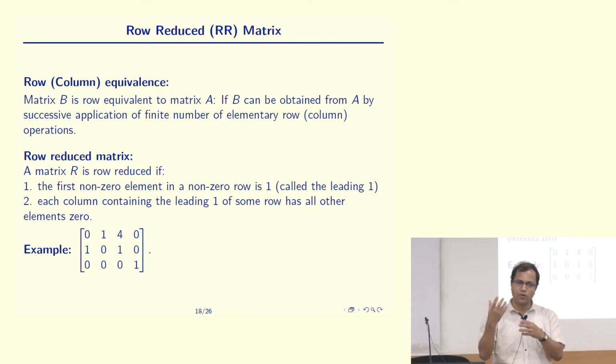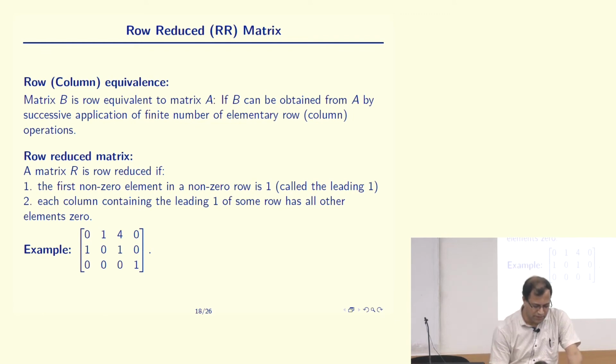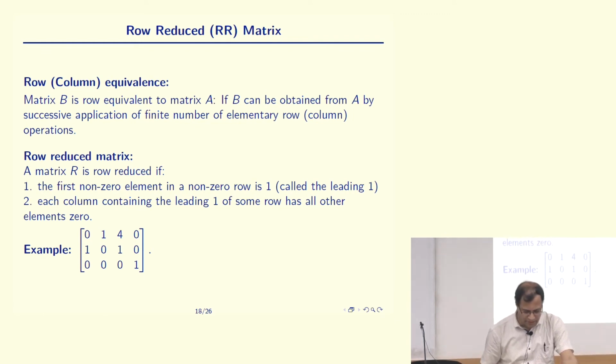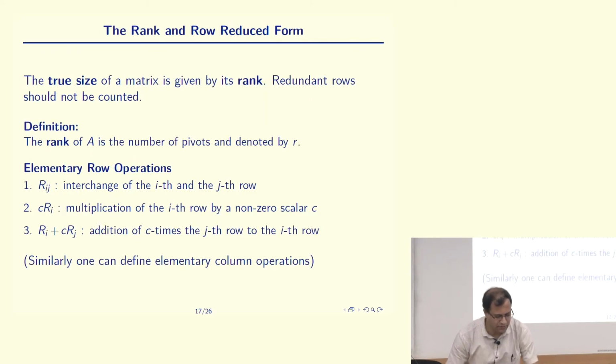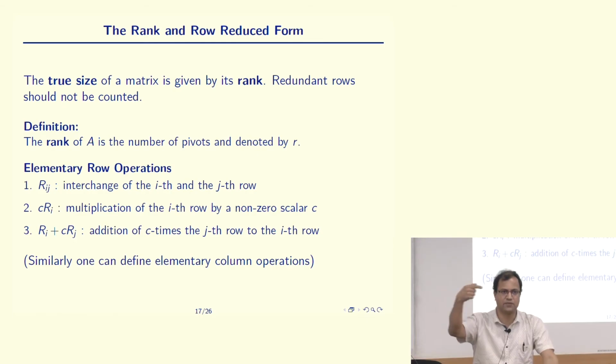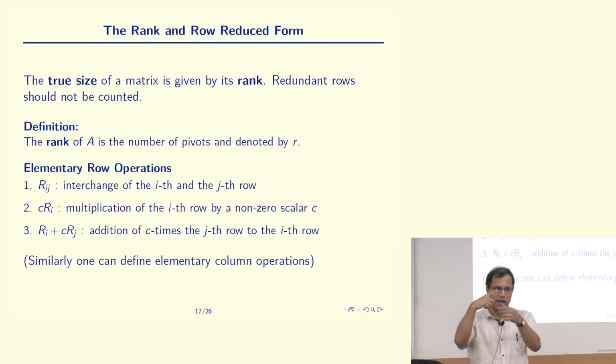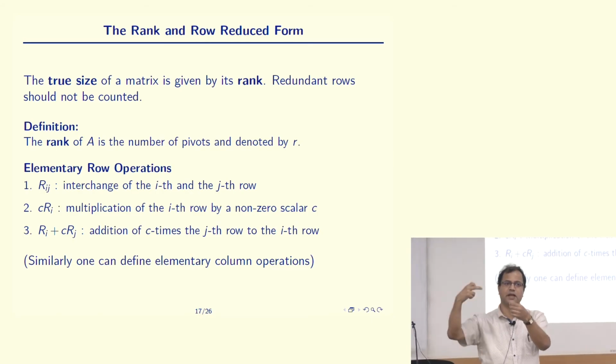One is the row reduced matrix. Row reduced matrix is if you just do the elementary operations 2 and 3. That is the scalar multiplication of a row and addition of a row with the scalar multiplication of some other row. But you do not interchange the rows.